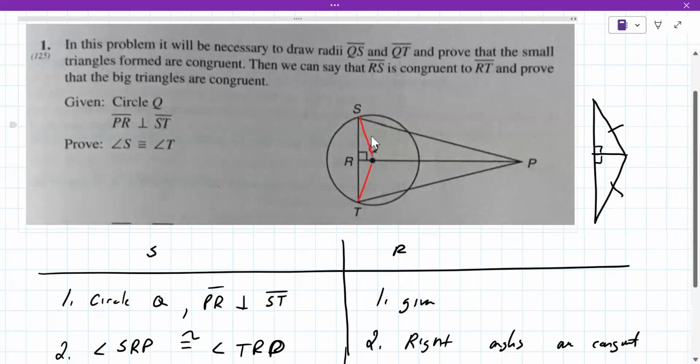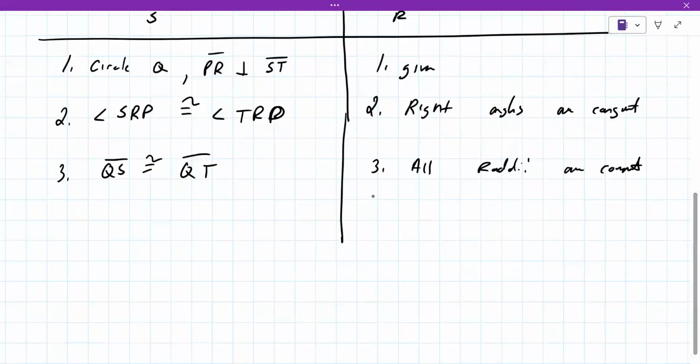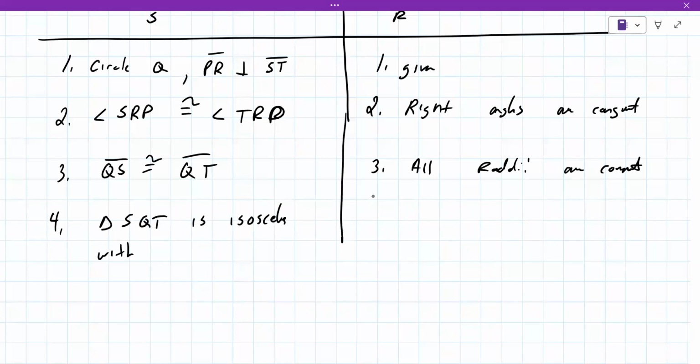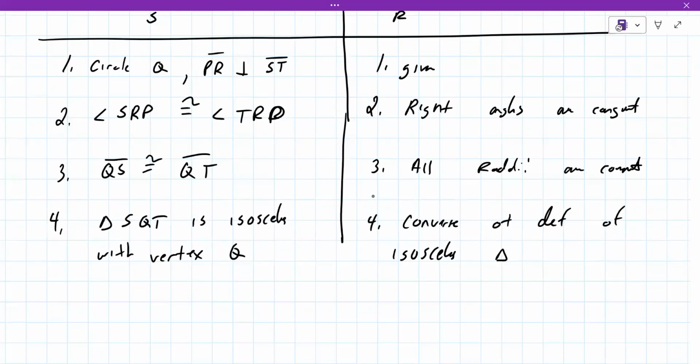So that's the next thing here, is to say that triangle SQT is isosceles, and you have to say with vertex Q, and that's the converse of the definition of an isosceles triangle. So if it were isosceles, you could say that the sides are congruent. Since you're using the fact that the sides are congruent to say that it's isosceles, you use the word converse.